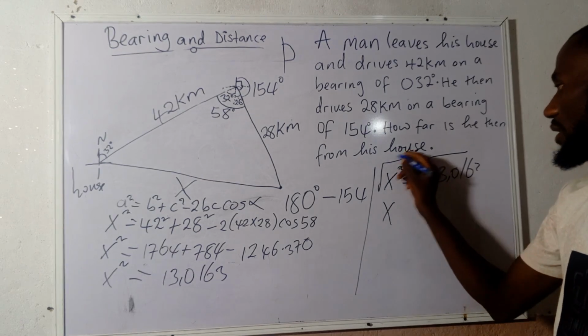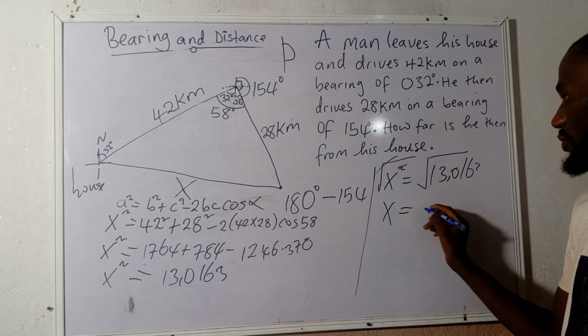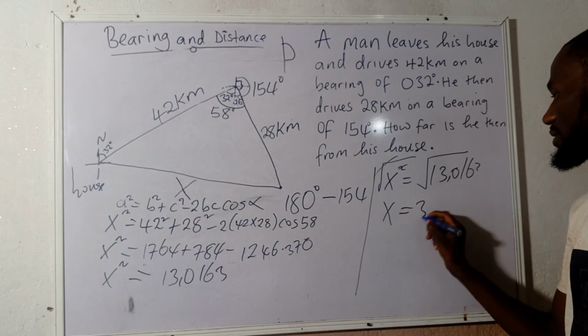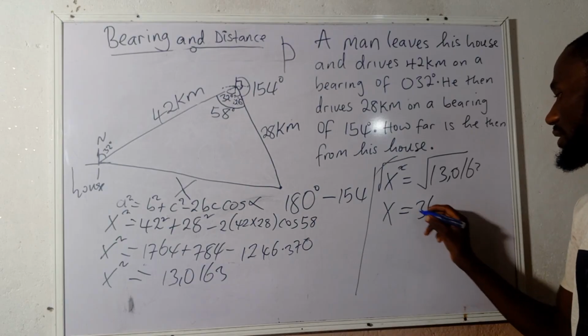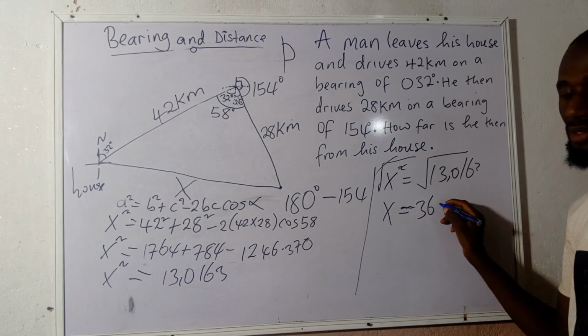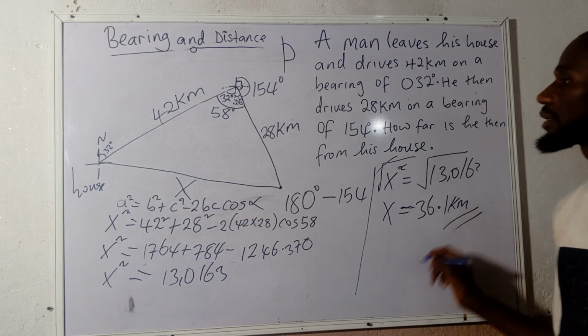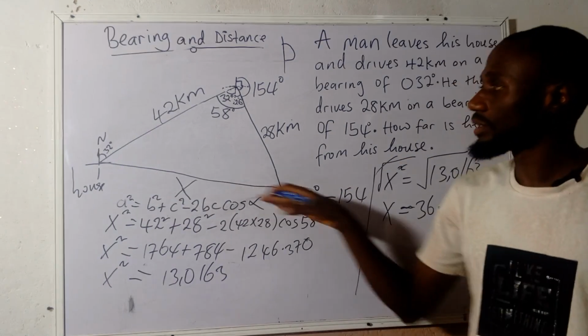Therefore, x, the square root cancels the square. x is equal to, you press the calculator, you will get 36. That is approximately 36.1 kilometers. That is the distance from here to here.